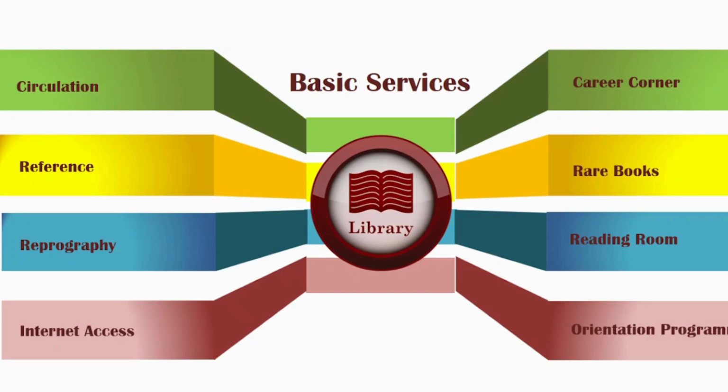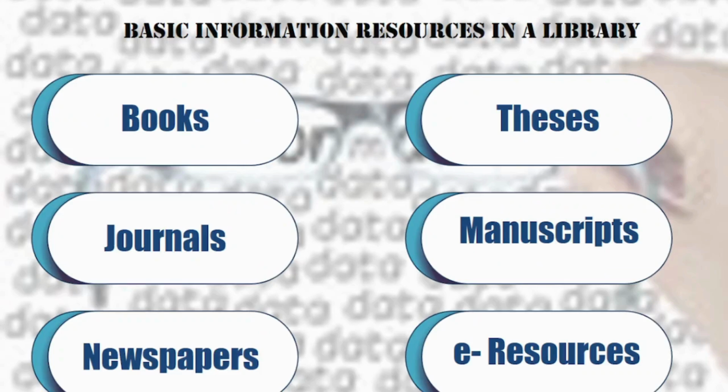Now it comes to the resources. Firstly, if we are talking about resources, there are three types of resources in any kind of library. One is books or other documents. The second one is users, and the third one is the library staff.